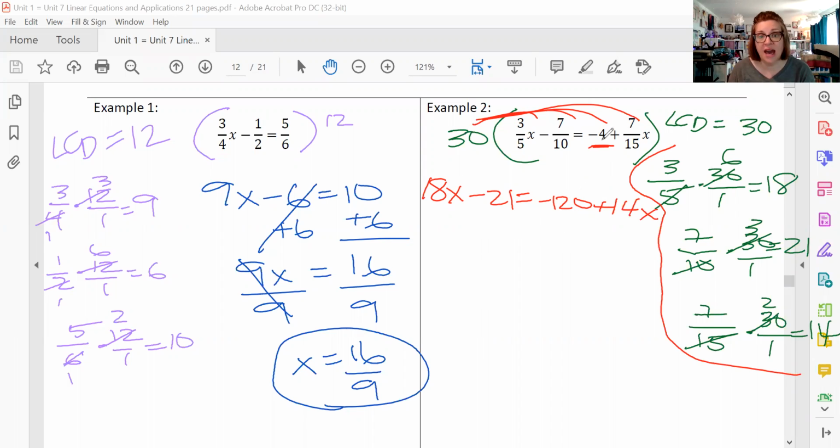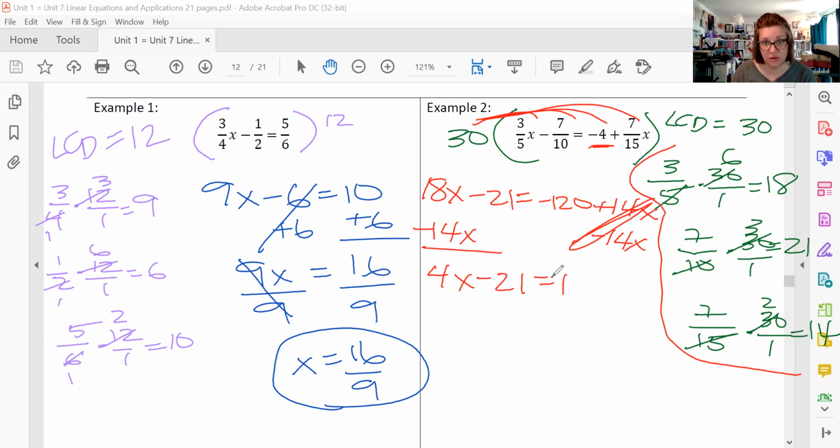So again, I'm trying to figure out what the x is. I'm going to start by combining these. It's so nice that I don't have any fractions left that I have to deal with. I'm going to move that 14x over by subtracting. 18x minus 14x is 4x minus 21 equals -120.